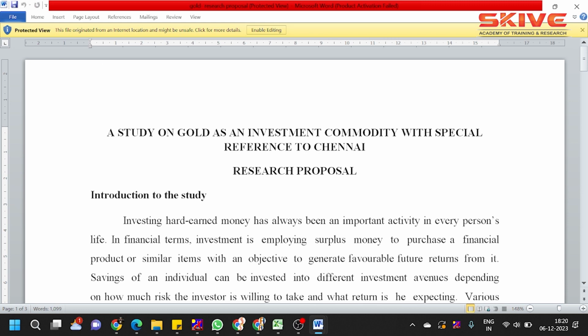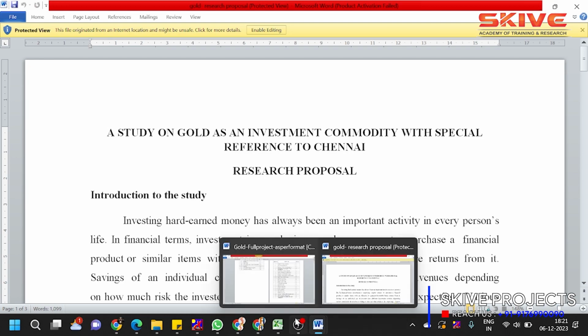Most of the people from India have an idea to invest in gold as savings. So in this project, we are going to study why gold is the best investment commodity, particularly in Chennai. Let us see the contents available in this project.